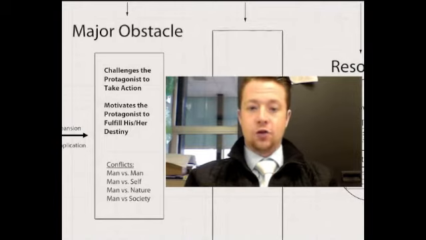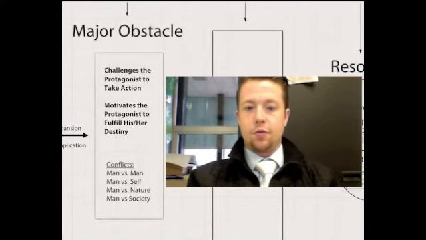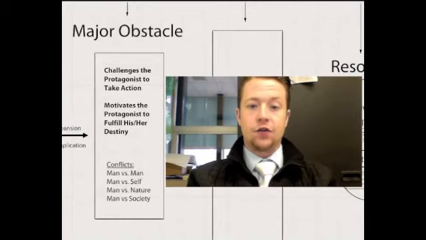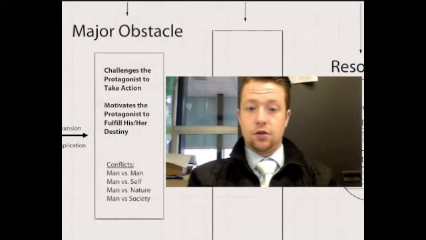This major obstacle could be physical, could be emotional, could be against nature, depending on the type of conflict, but it becomes a major challenge that the protagonist must face in order to become the person they're supposed to become based on the author's wishes.